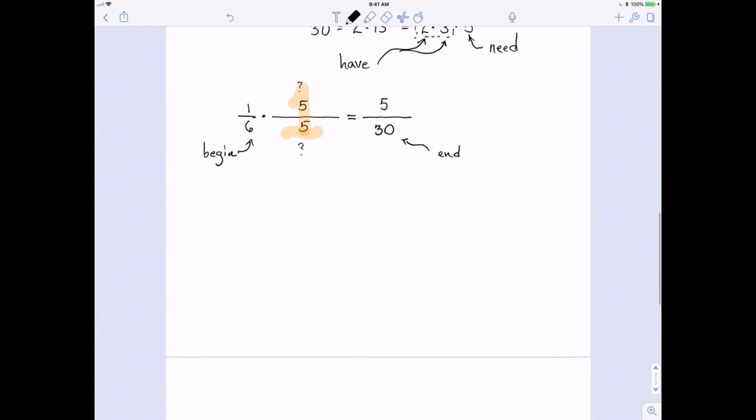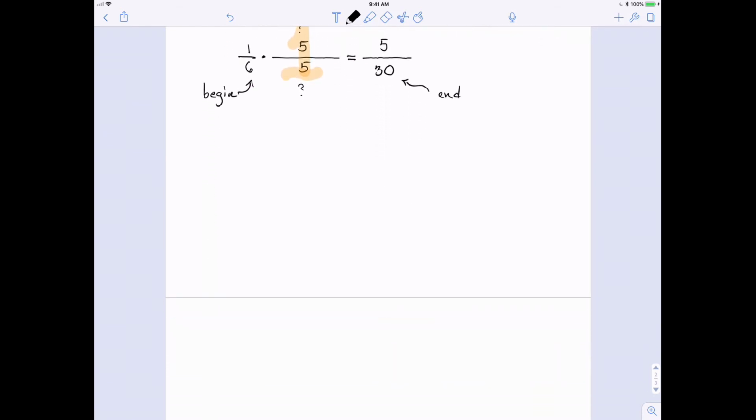Okay, let's try this. Write 3 over 2b with a denominator of 12ab.